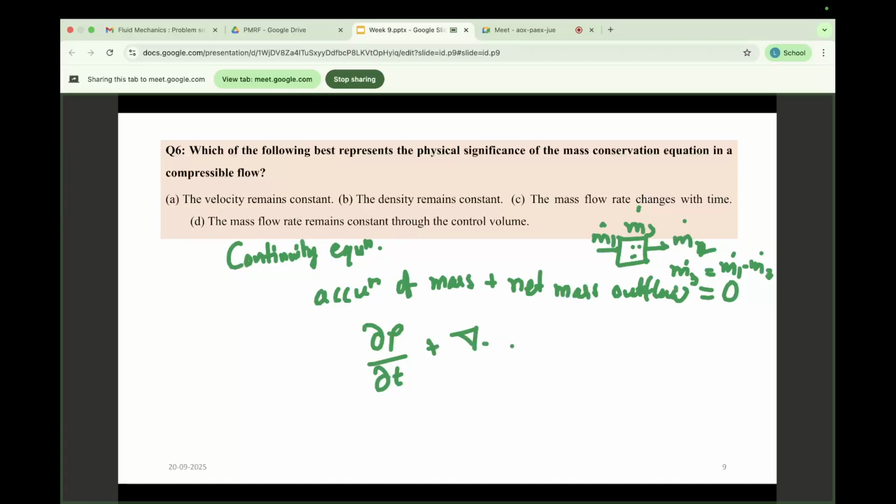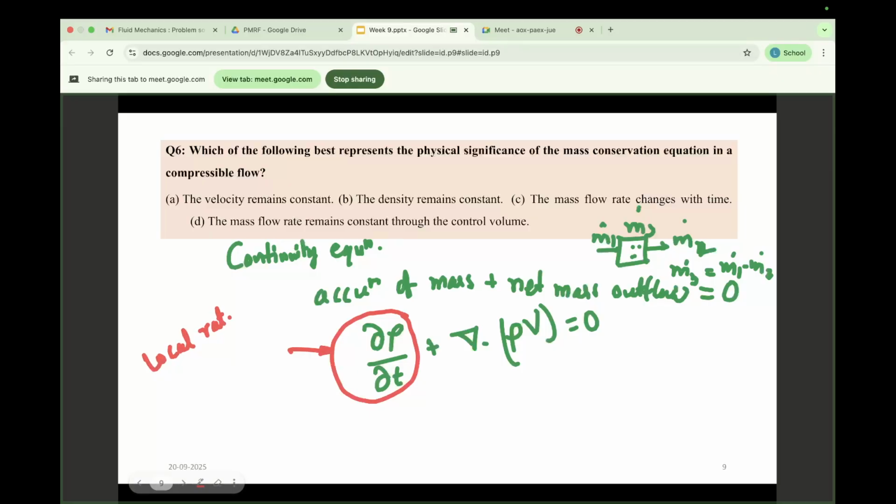That means it should be the gradient of rho v, right? So what does this first term indicate? Its physical significance is the local rate of change of density.